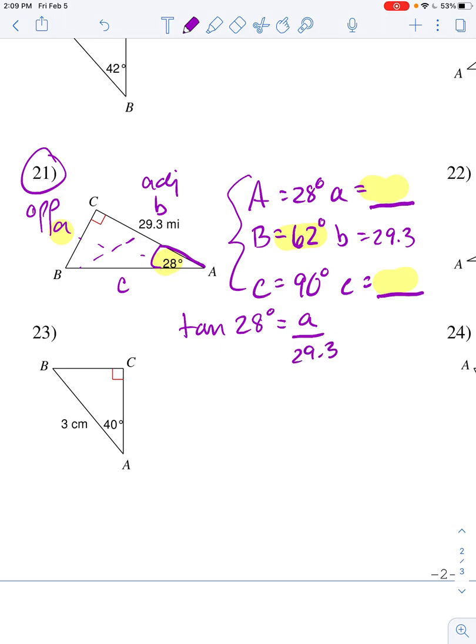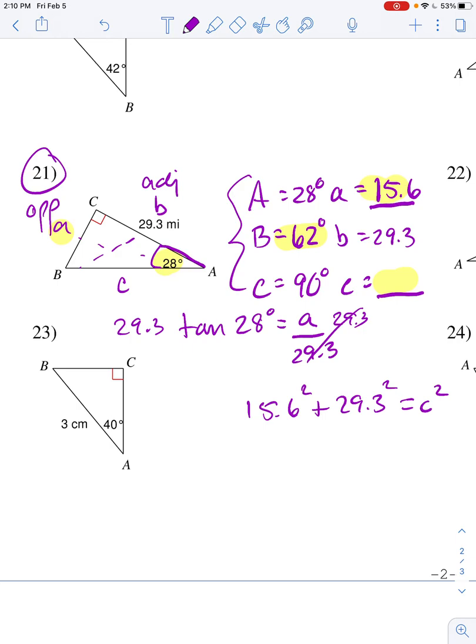And in this case, I'm simply going to multiply that 29.3 up here because when I multiply it on this side, it cancels. So back to the calculator, 29.3 times tan 28 gives me 15.6. And now that I know 2 out of the 3, I can take A squared plus B squared to find my C squared.